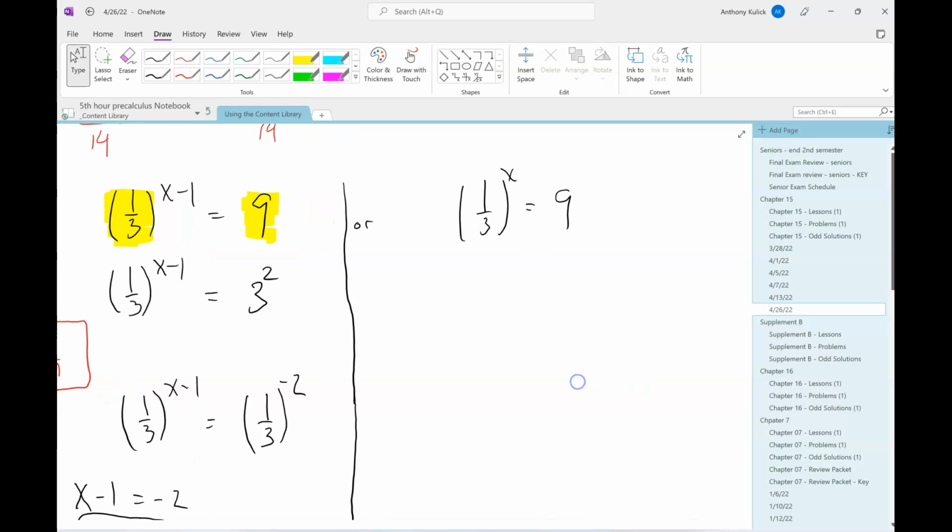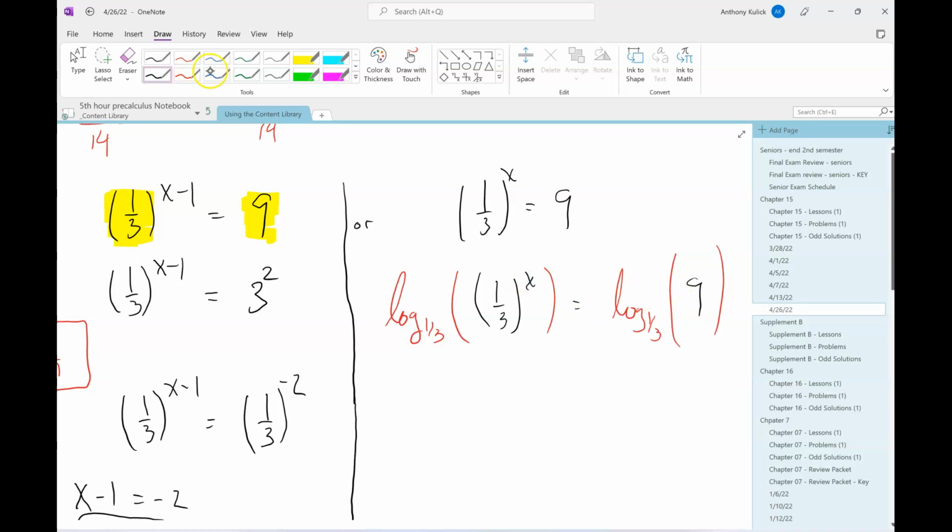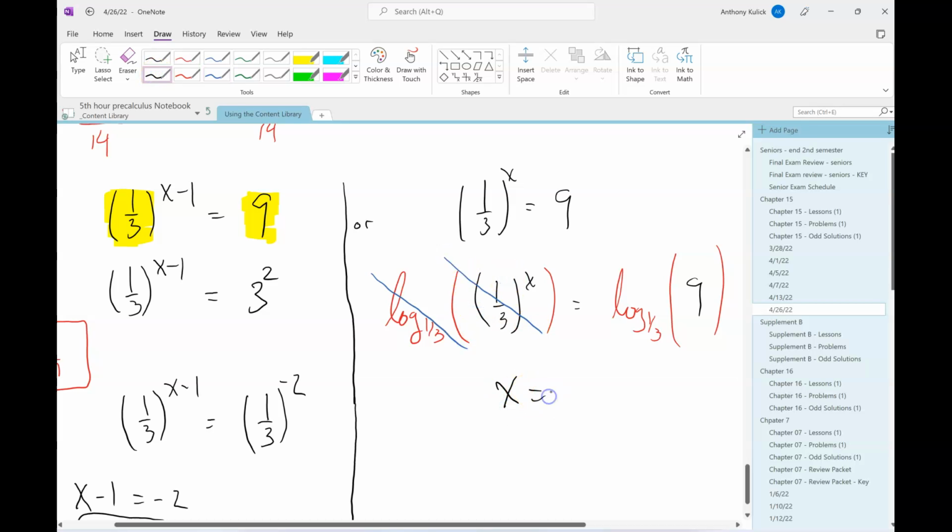Alternatively, if I approach this thinking I'm just going to cancel the exponent base of 1/3, what would I do to both sides? Log base 1/3 to both sides, yeah. So those cancel out. Oops, that was x minus 1. Just copied it wrong.